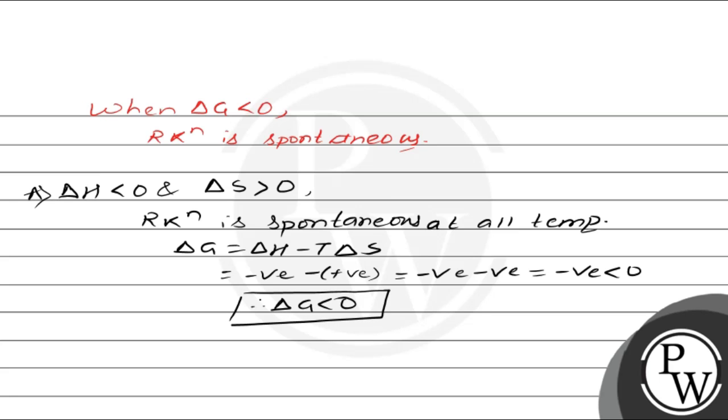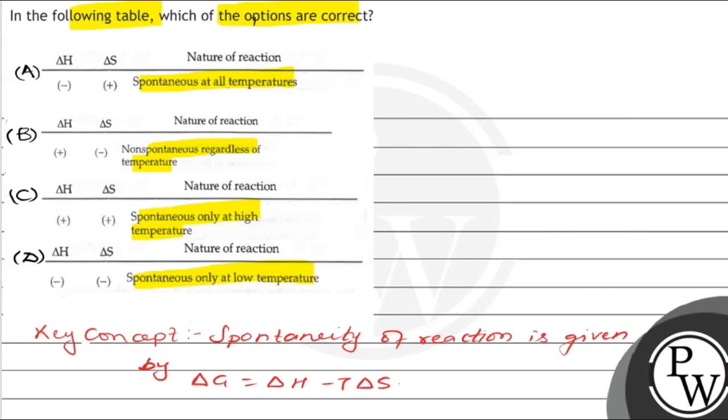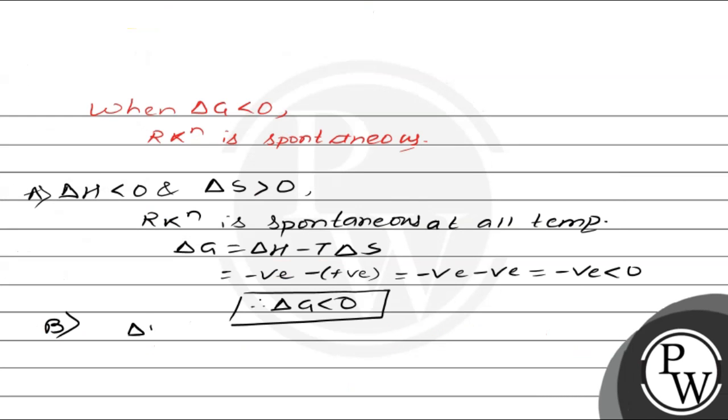And the second option is delta H is greater than 0 and delta S is less than 0. Then delta G is equal to delta H minus T delta S. Delta H is positive, minus T positive and delta S is negative.